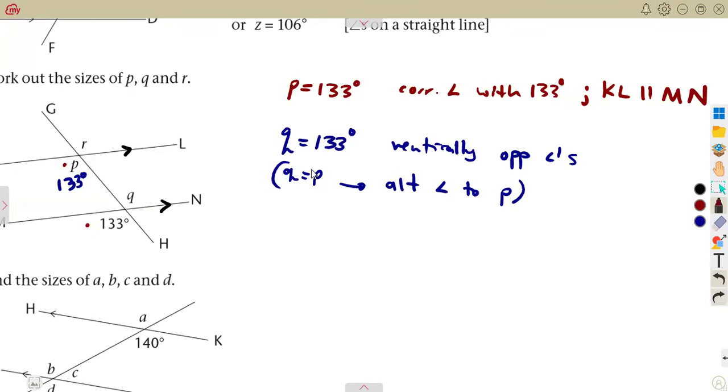So we have got our angle Q. We can use that, but what we do know is that this is 133 degrees. From there, we can find angle R.